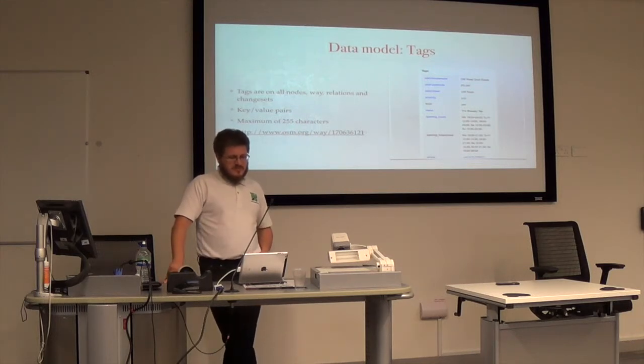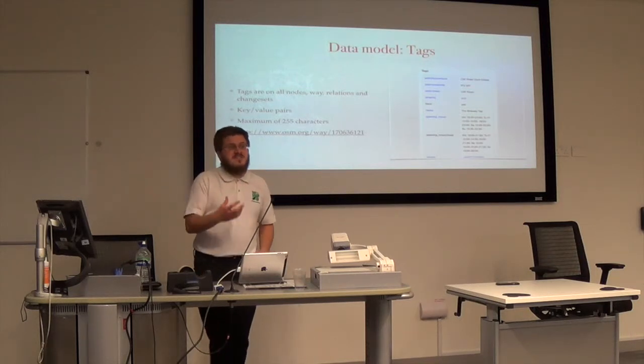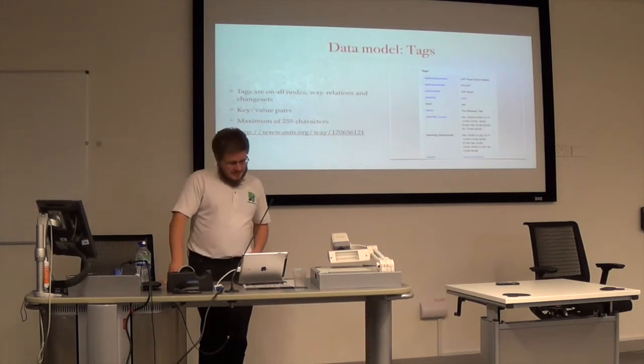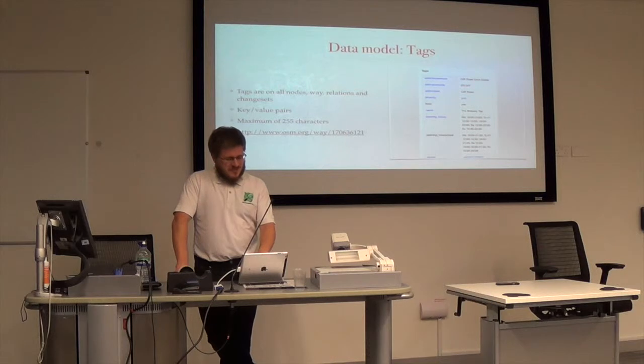There's a maximum of 255 characters, which is a bit of a hangover from the MySQL days, but that was kept as a way of preventing people trying to stuff a whole story into the OSM data. Although it can be done, because there is no limit on the number of key value pairs you can have on each object.